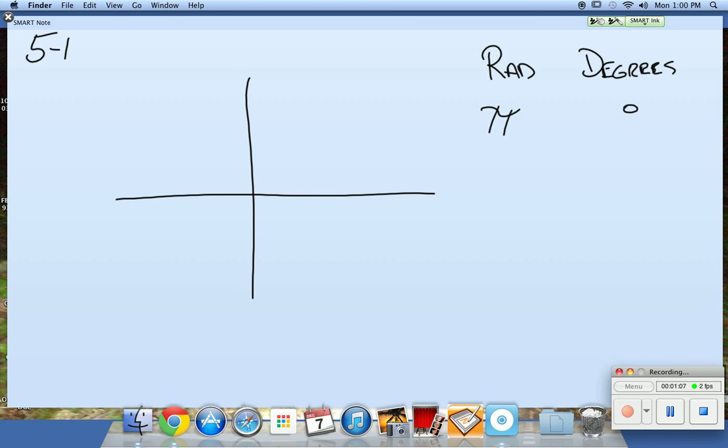When we work on a circle, or when we work on a quadrant like this, we always start out at 0. No matter if we're talking about radians or degrees, we start at 0. And it's always in this right spot right here. Okay? As we move our way around, we get up to 90 degrees or pi over 2 radians.